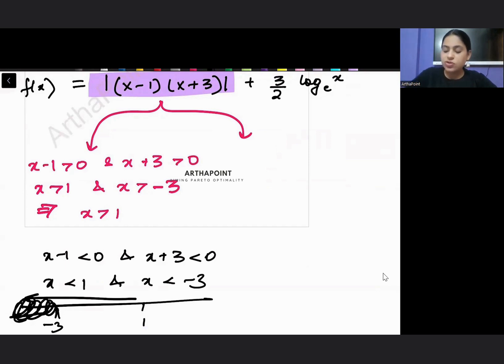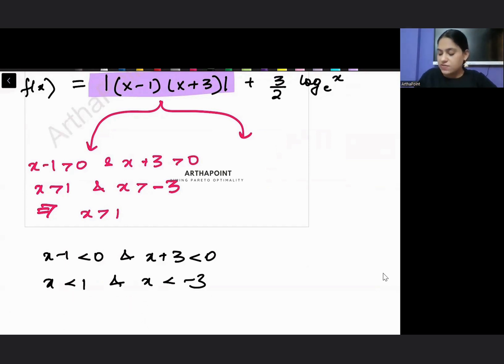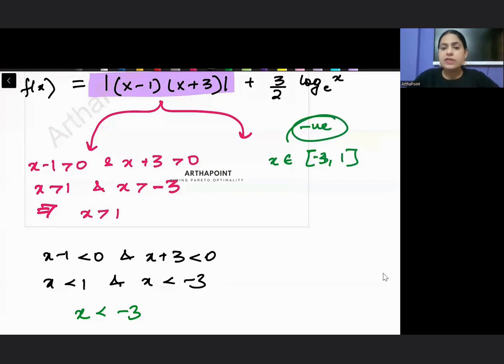So this is the common region, which gives me that x should be less than minus 3. So when x is greater than 1 or x is less than minus 3, it is going to be positive. And when x belongs to minus 3 to 1, it is going to be negative. At minus 3 and at 1, it is going to be 0.